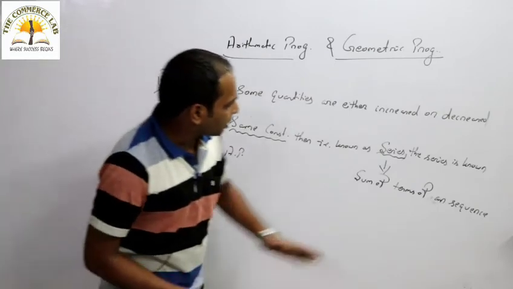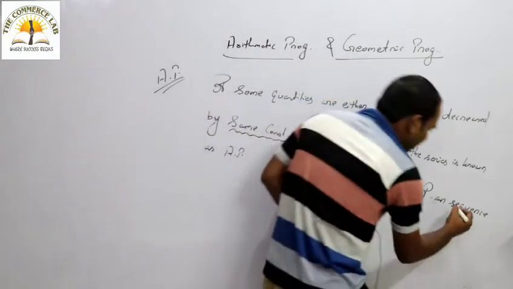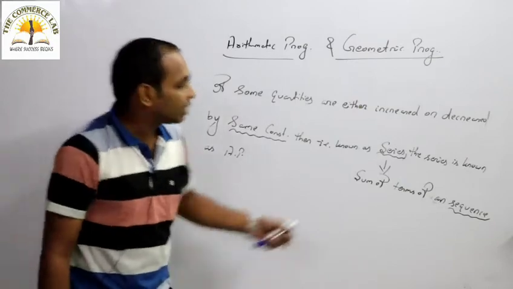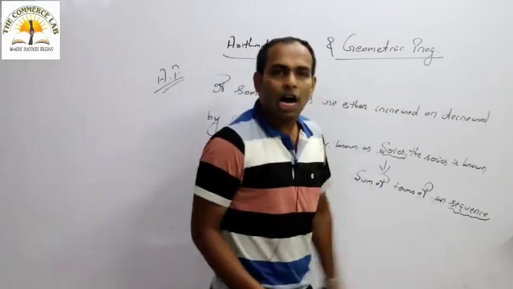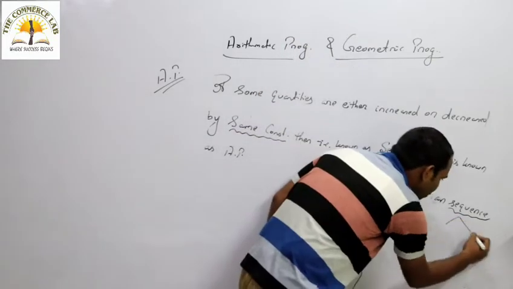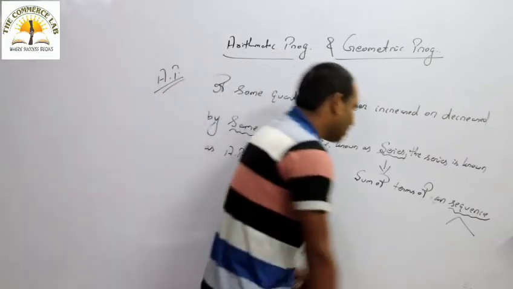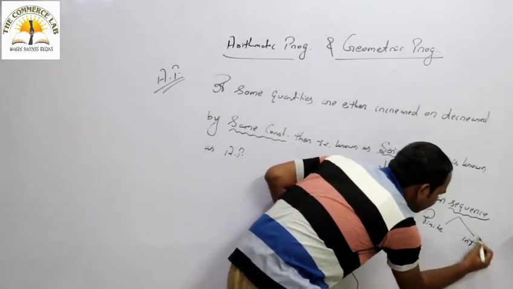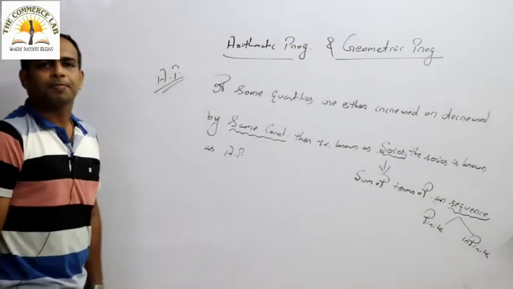Sum of terms of a sequence is your series. Then what do you mean by sequence? Sequence is of two types. First one is finite sequence. Second one is infinite sequence.